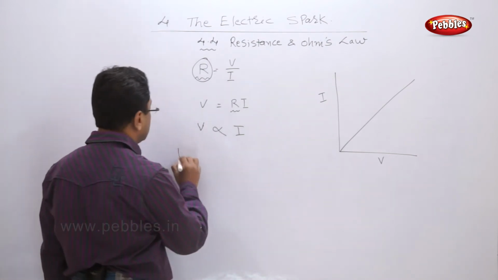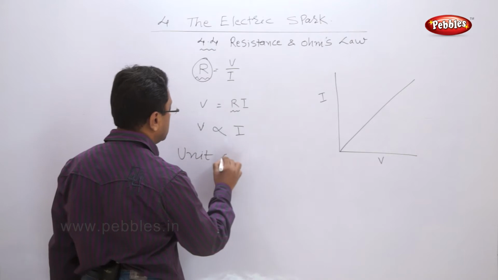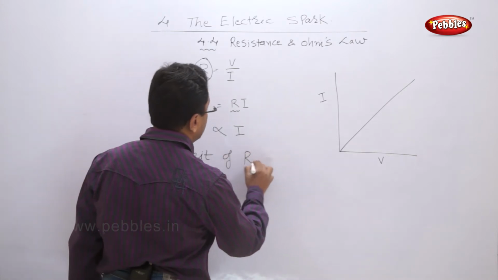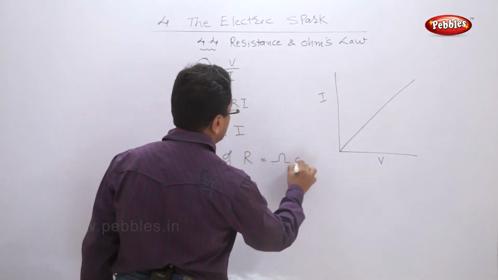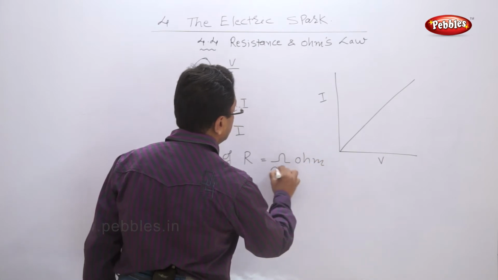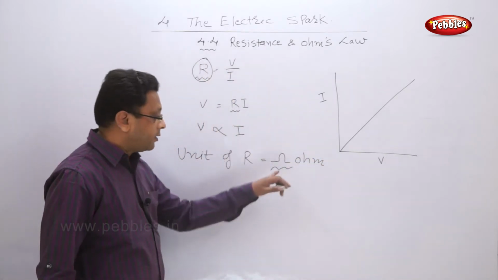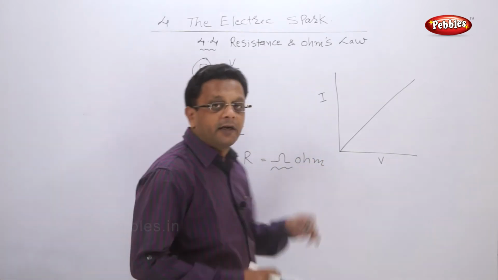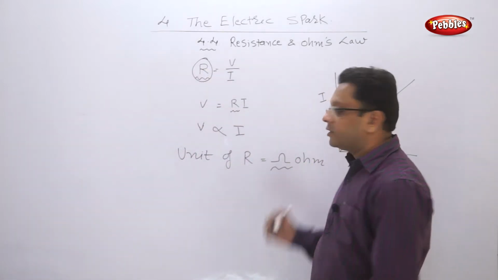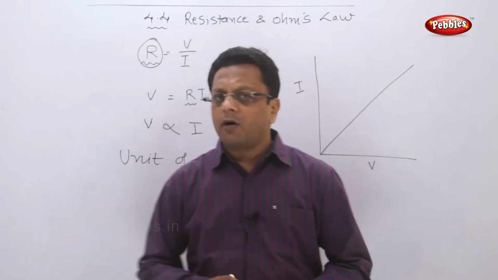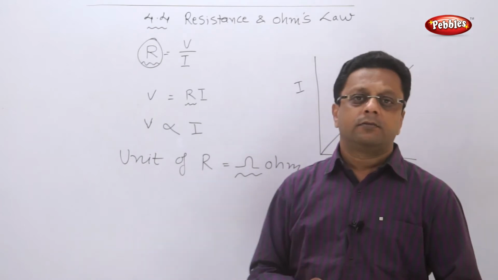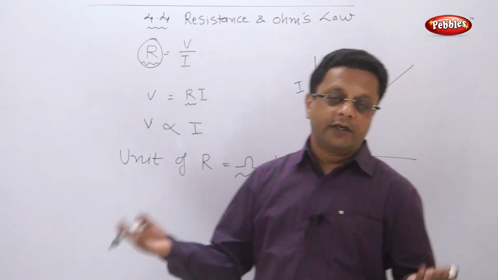So the unit of resistance is ohm. It is denoted by this symbol, this Greek letter, and it is called ohm. Now, how will you define ohm? 1 ohm? Very simple.